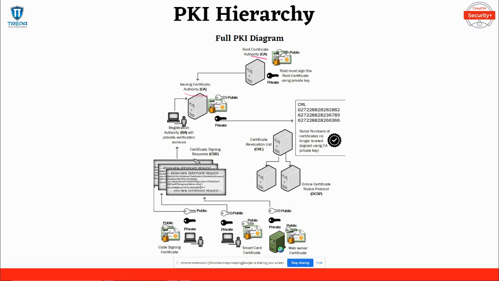And then we have our certificate signing requests, which are coming from our end entities down here. Either that web server, this guy's smart card, or some code signing requests, right? And then we have these other servers, which will host a list of invalid certificates from the root CA.